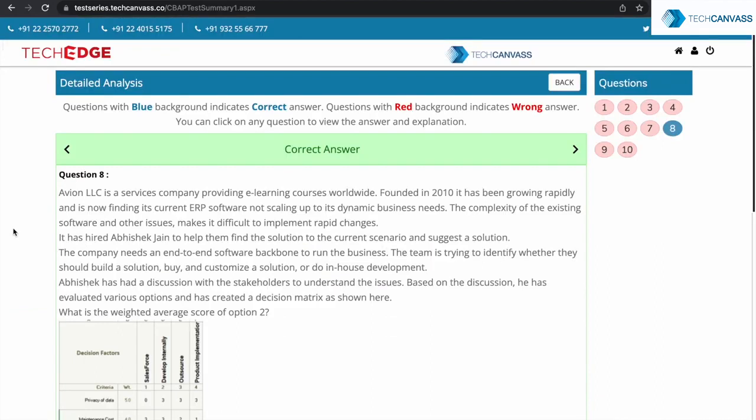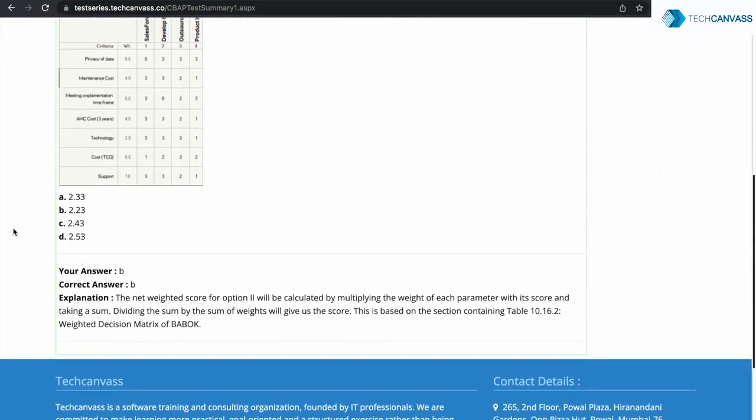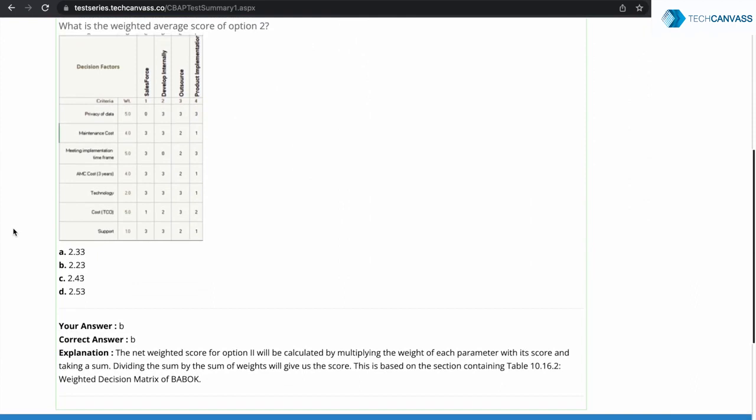Here is the justification for the correct answer. It says the answer is 2.23. How can you come up with this answer? The explanation says the net weighted score for option 2, which is developed internally, will be calculated by multiplying the weight of each parameter with its score and taking a sum, which means you have to focus on the second column, which is option 2.